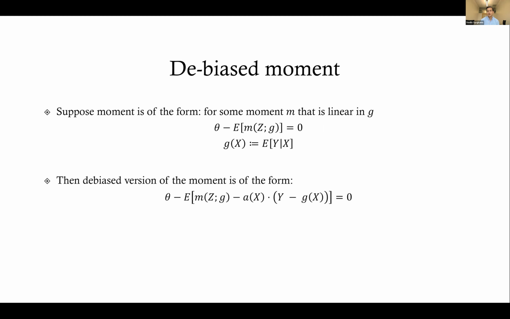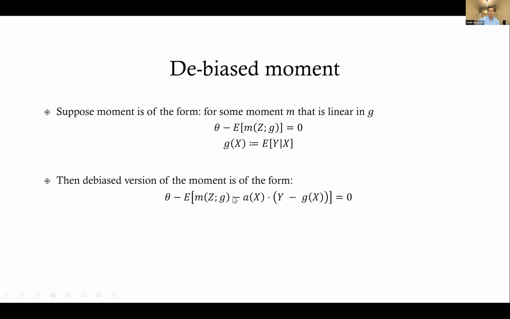The solution to that is to debias the moment by adding a correction term. The correction term roughly tries to say whenever your g is biased, meaning that it does not equal the expected y conditional on x, then that residual over there is not going to be mean zero. And so whenever that is not mean zero, we should try to correct our moment m by multiplying that residual with some function a.